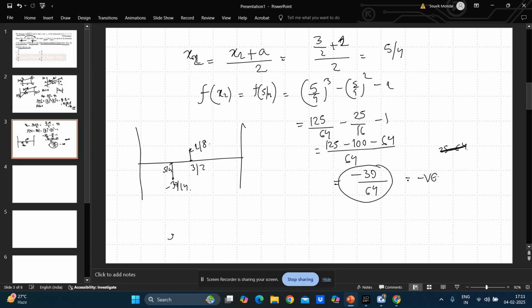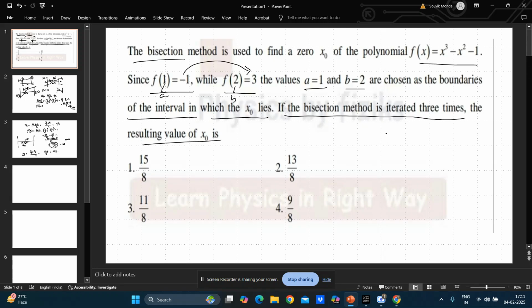If you do a further average, x3 is (5/4 plus 3/2) divided by 2, which is (5 plus 6)/8, equal to 11/8. So there is a point in between, 11/8, very close to x0, because you have to stop at x3 as you need to do only 3 iterations. So this will be the correct option.